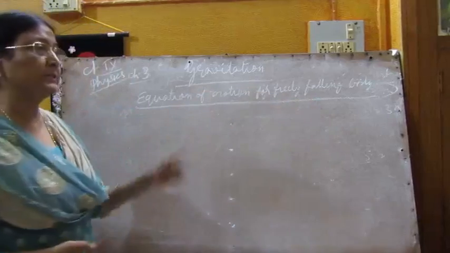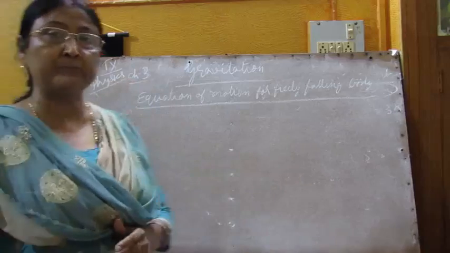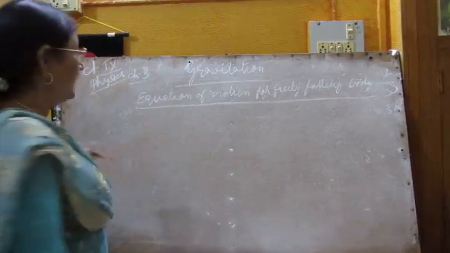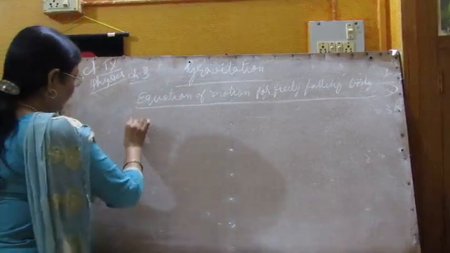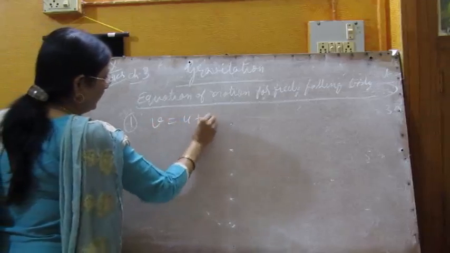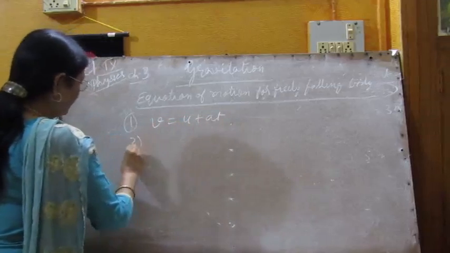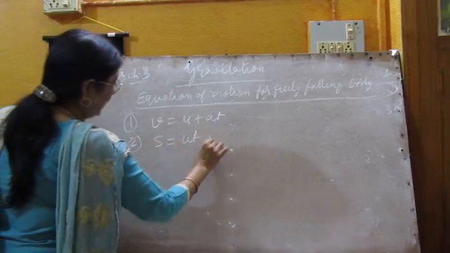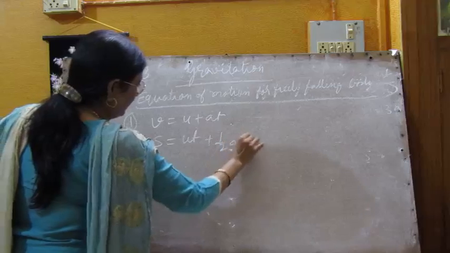Now you know from the first chapter, the motion chapter, the equations of motion were already given. Equation number 1: V equals U plus AT. Number 2: S equals UT plus half AT square.